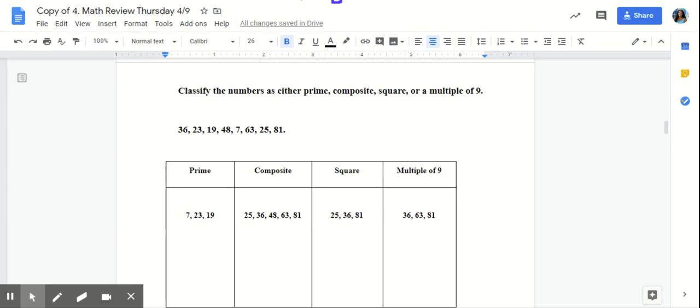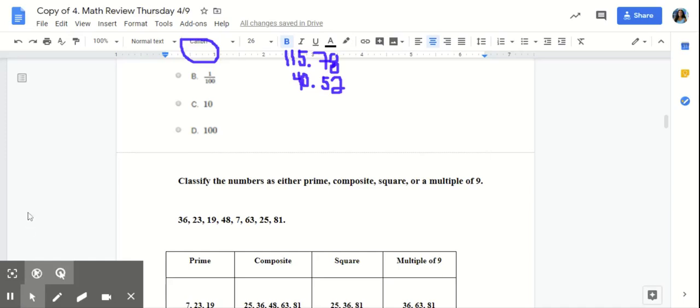Next, we're going to classify the numbers as either prime, composite, square, or a multiple of 9. Now, let's review what these are. A prime number is a number that can only be multiplied by 1 and itself. A composite number is a whole number that has more than 2 factors.